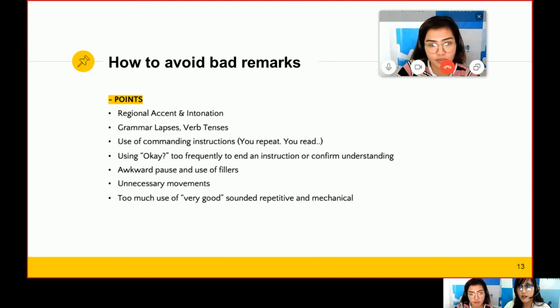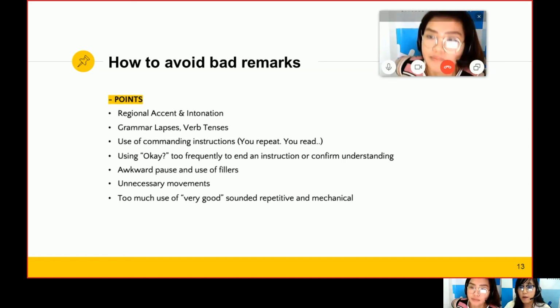So sometimes there are intermediate students that are very good in grammar. There are students who are good in grammar but not good on pronunciation. There are students that are good in pronunciation but not in grammar.